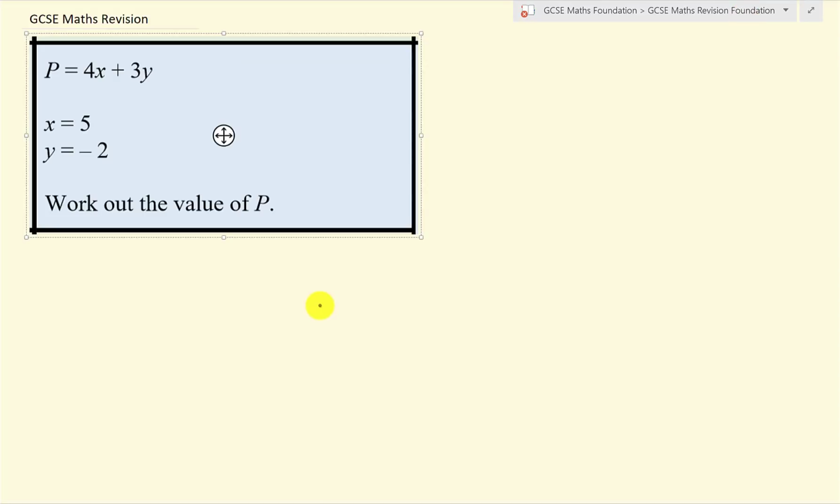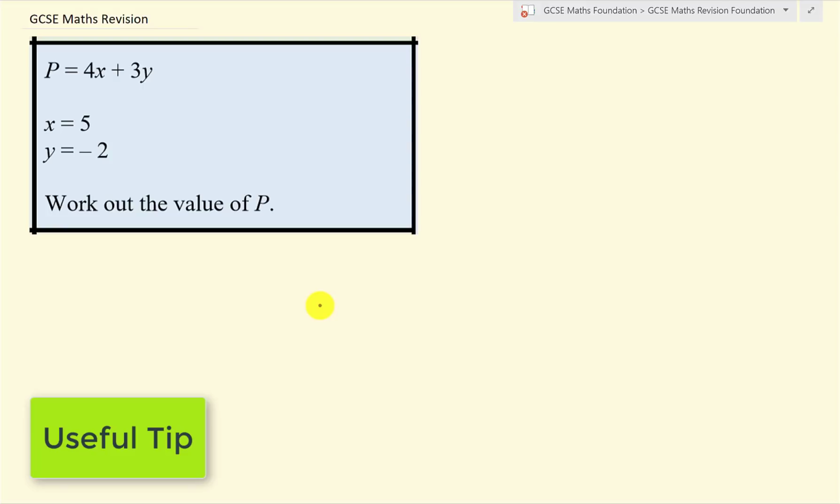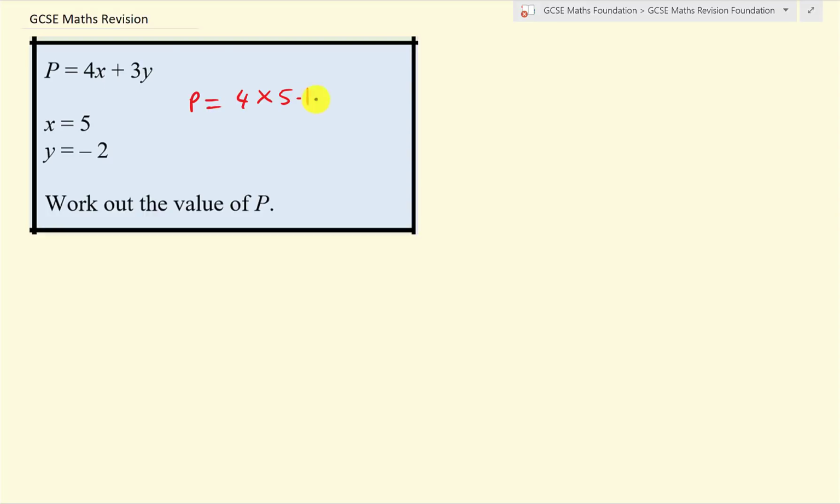Next we have substitution. Now substitution, like I said in my previous revision video, always write down the values and then use BIDMAS to solve it. Okay, so we have p equals 4x plus 3y, so we're going to write down p equals 4 times by x is 5, plus 3 times y is minus 2.